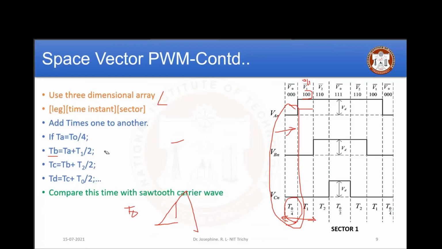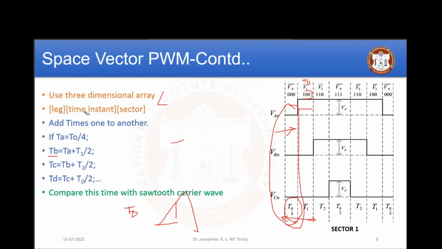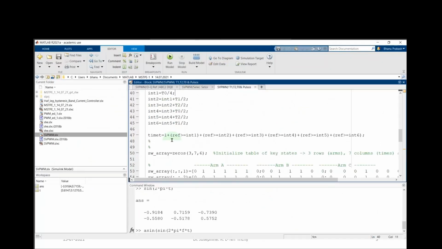But how I'm going to write the matrix, I can show it to you here. First, you have to compare your time, which is time t. See, this is your time instant, time t. Let us add 1, because by default I need an initial reference as 1. So if my reference is greater than int 1, it again adds an extra value to this. So 1 plus 1.